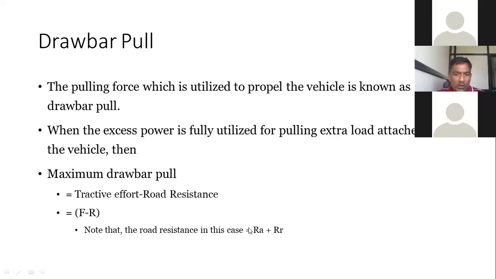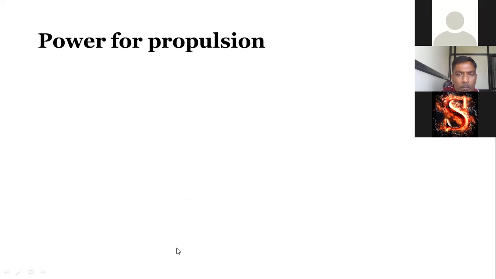So whatever force is available and that is used to propel the vehicle, that we have considered, and for a level road, that's why here RA and RR are considered. So drawbar pull is equal to F minus (RA plus RR). So R is equal to these two resistances. Okay.